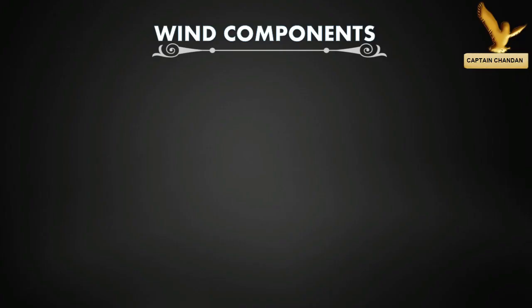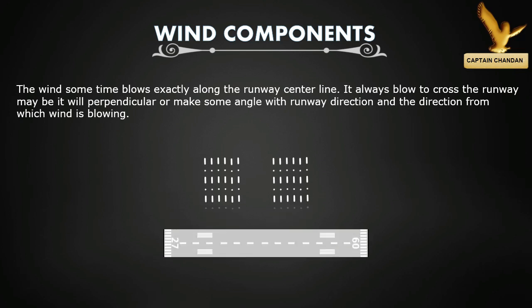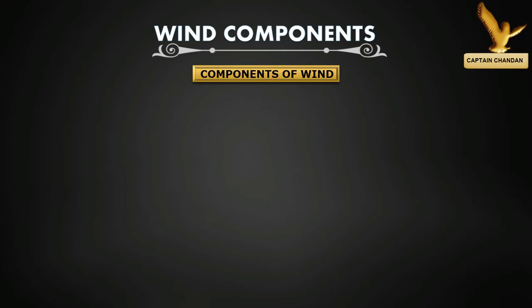The wind sometimes blows along the runway center line. It can also blow across the runway. Maybe it will be perpendicular or make some angle with the runway direction and the direction from which the wind is blowing. Components of wind. The first component is the crosswind component.